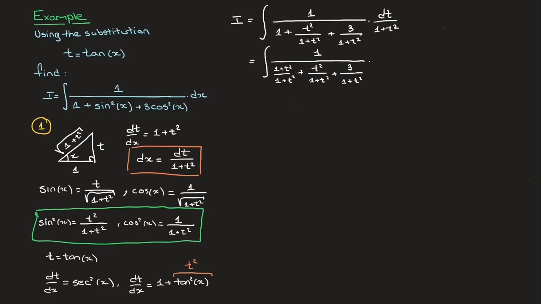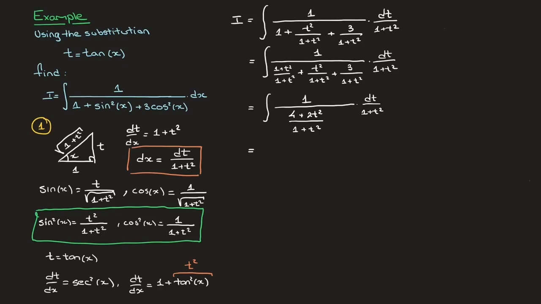And that multiplies dt over 1 plus t squared. Carrying on, that's equal to the integral of 1 over 1 plus 3 plus t squared plus t squared. So that's 4 plus 2t squared over 1 plus t squared, with our dt over 1 plus t squared at the end here.